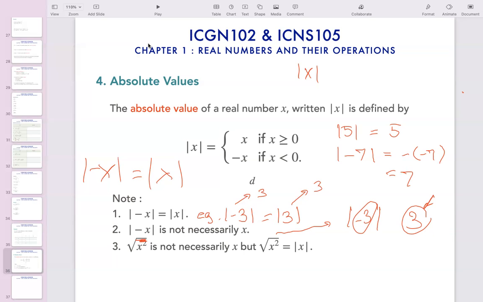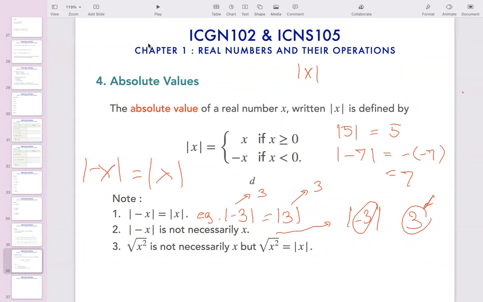The next one: square root of x square, sorry, let me say again. The square root of x square is not necessarily x, but the square root of x square equals absolute x. What does it mean?